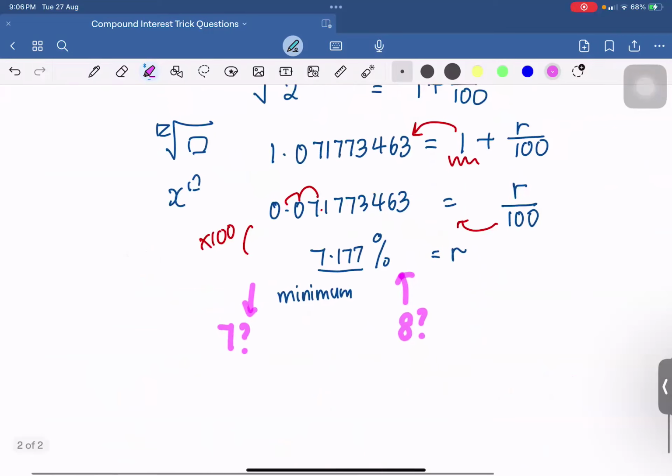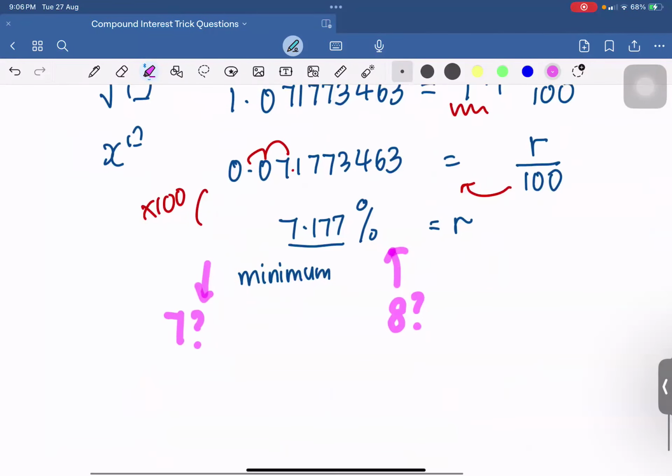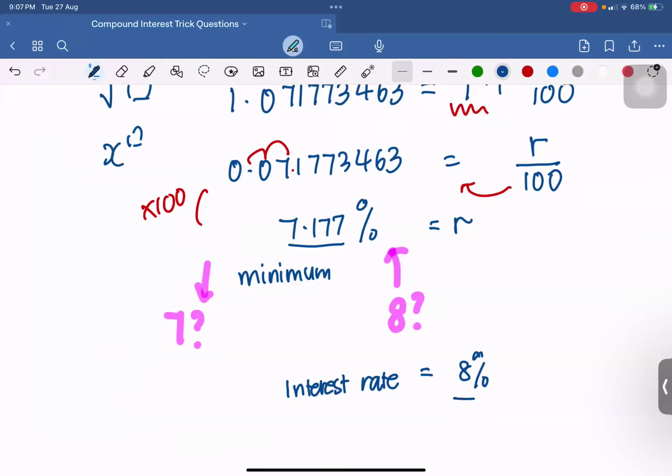Imagine if my interest rate went down a little bit more, then I cannot get 2 times anymore. So I don't have a choice. My interest rate will have to round up to 8 because the number must be at least 7.177. So the final answer for the interest rate will be 8%.